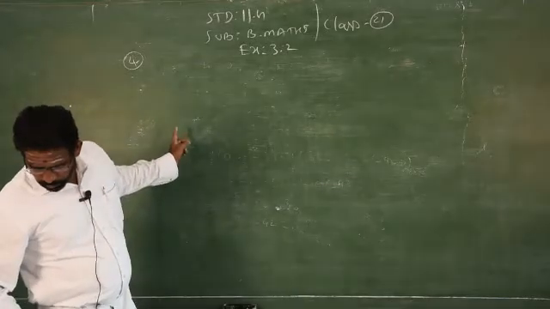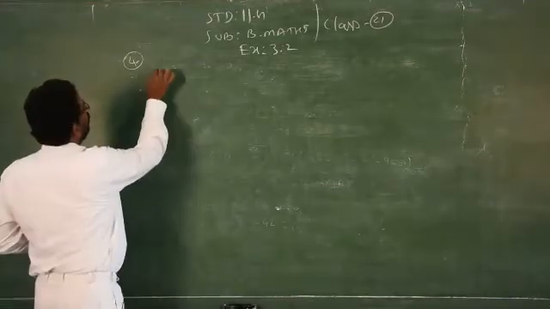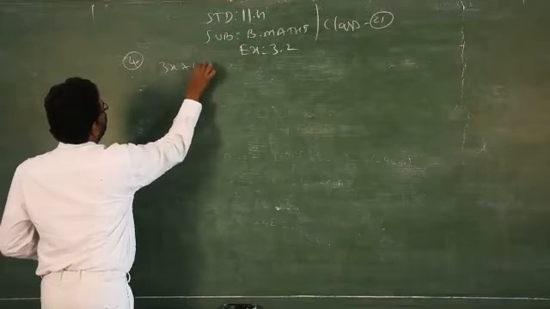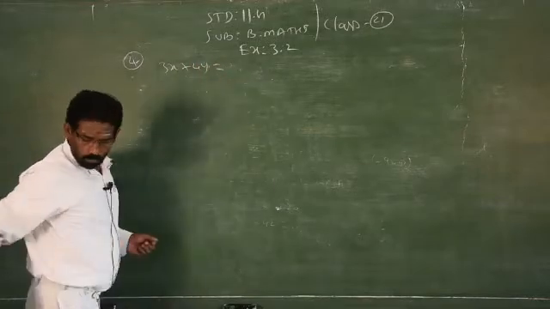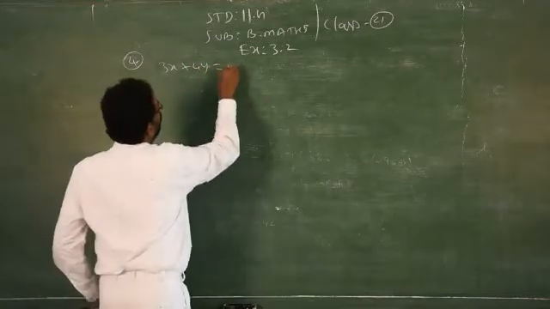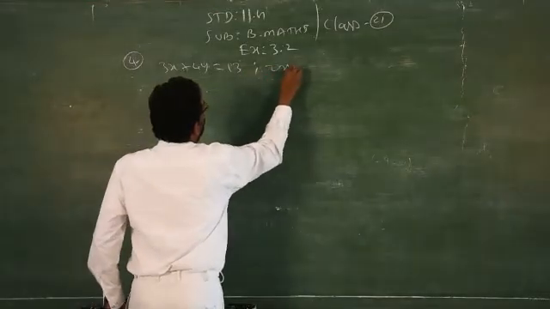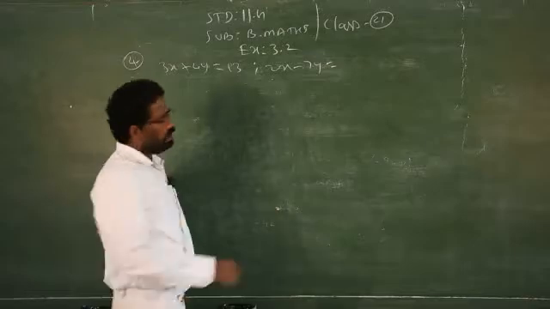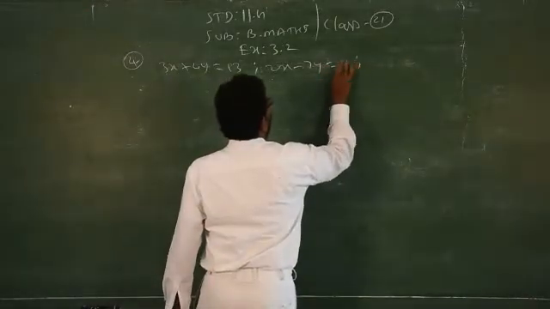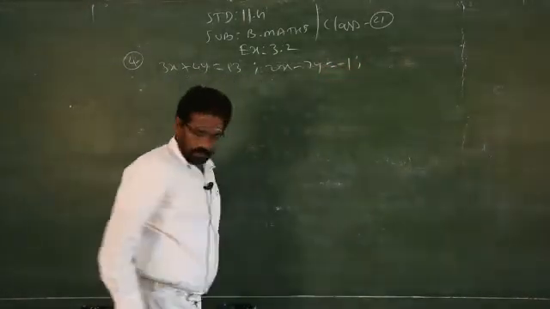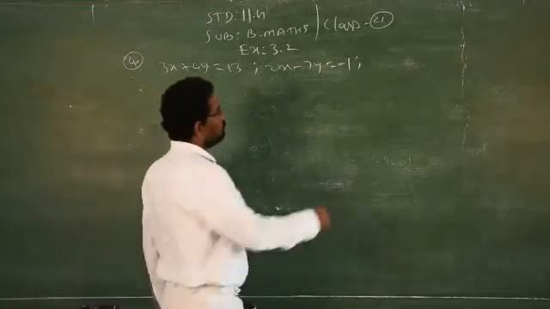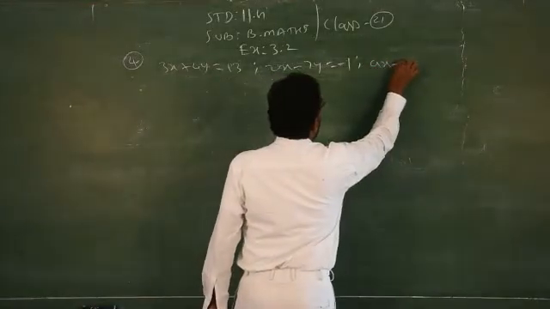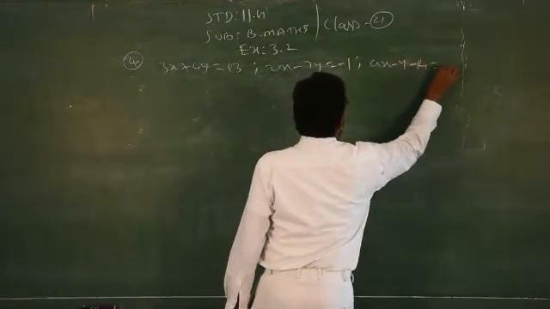Now see question number 4. 3x plus 4y is equal to 13. Then 2x minus 7y is equal to minus 1. Then the third equation is given as ax minus y minus 14 is equal to 0.